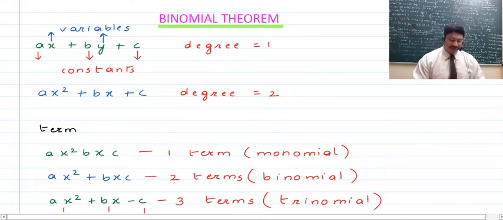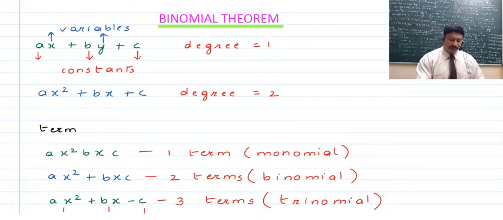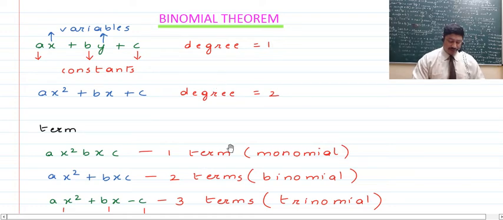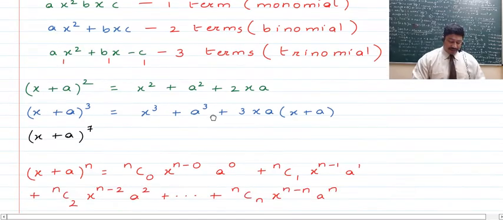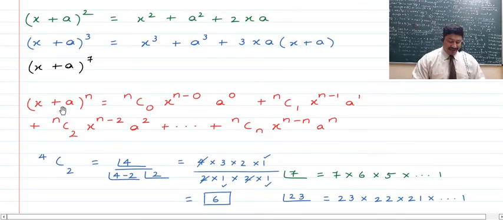Now, children, to tell you about the formula, remember we talked about the binomial theorem, which is this: if we talk about x plus a raised to the power n, then that becomes equal to nC0 x raised to the power the difference of the numbers in the superfix and the suffix times a raised to the power the number which is in the suffix.